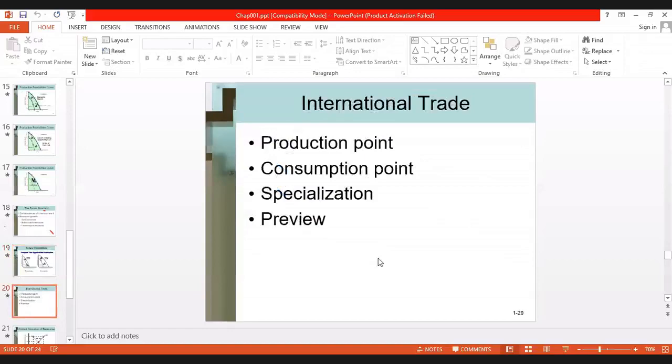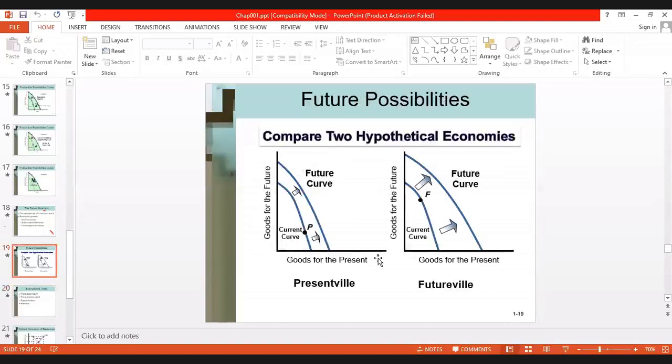If our country is closed, and we are not trading with other countries, we can consume only what we can produce, only along the production possibility curve or inside it.